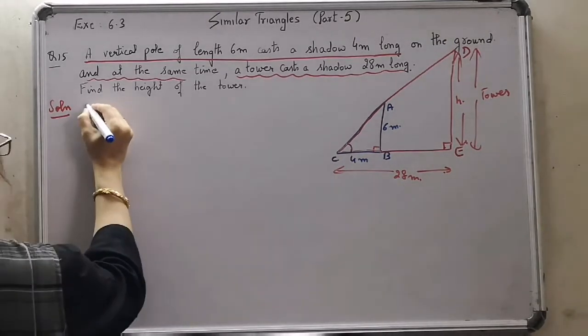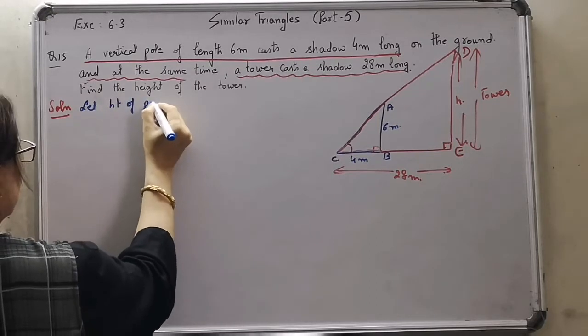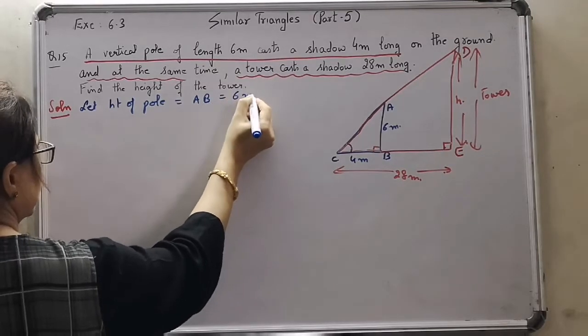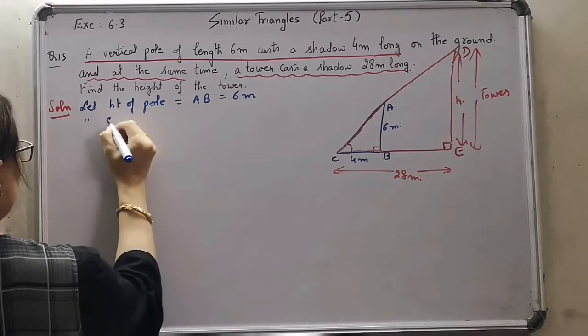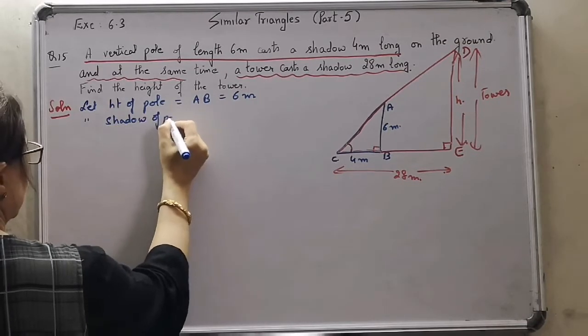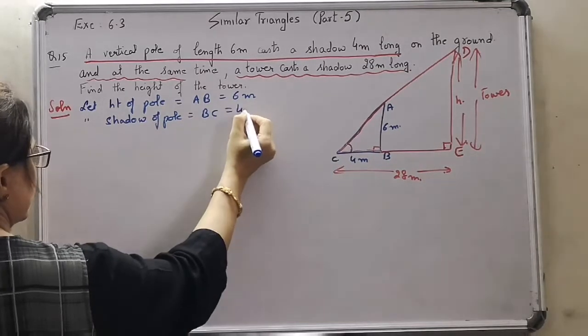Let the height of the pole be represented by AB, which is 6 meters. Let the shadow of the pole, as you can see from the figure, be represented by BC, which is 4 meters.